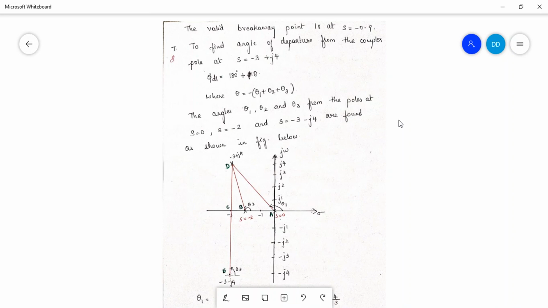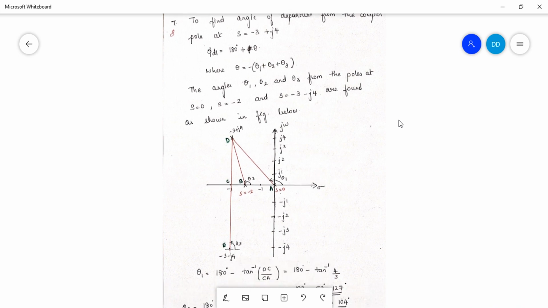To find the angle of departure, we have to draw this figure, as you can see here. So what does this figure tell? We have plotted a rough sketch of the real axis as well as the imaginary axis, and I have denoted the poles at s equal to 0, s equal to minus 2, minus 3 plus j4, and minus 3 minus j4.